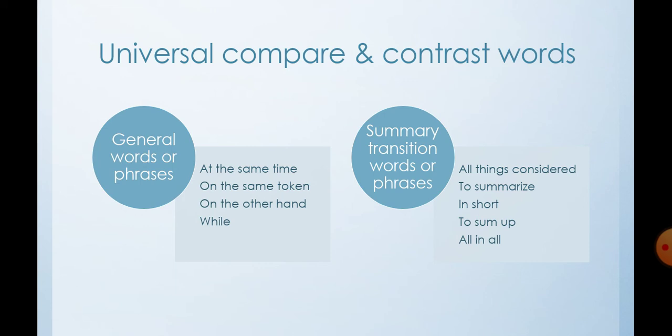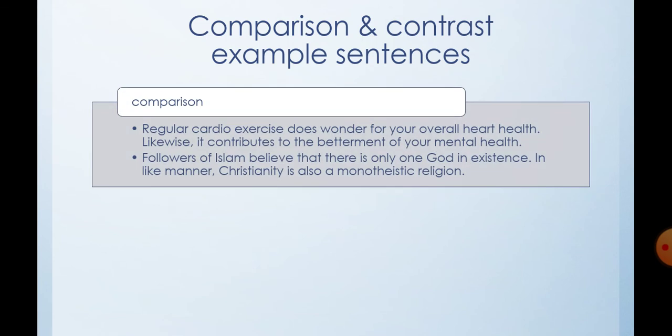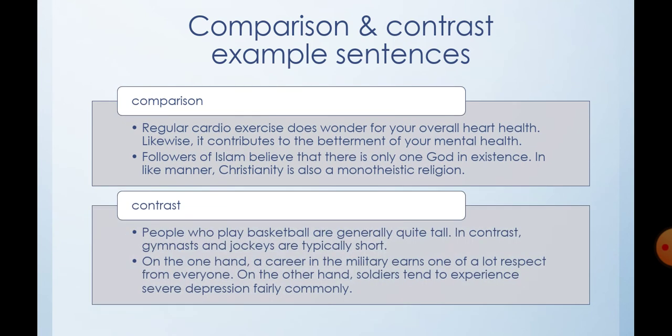I know that one of the best ways to learn about something is to see how it is applied. So here is how these transition phrases are applied. You can see the example. The use of comparison words or phrases, and also the use of contrast words or phrases here. There are 4 different examples here.